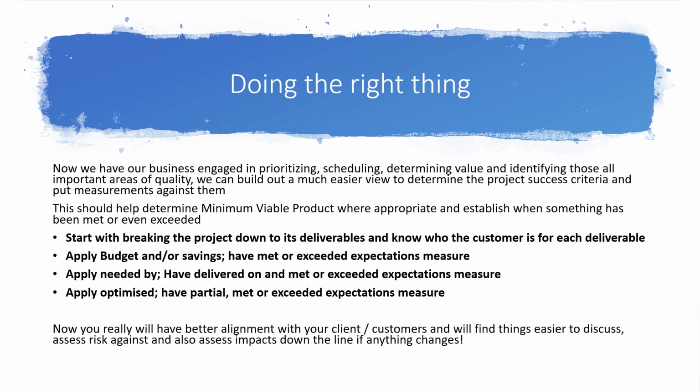In some projects, it may be appropriate for a minimum viable product to have partial optimization, because in the later phases you'll optimize that further, whether the optimization has been met or whether you've exceeded expectations. Now you have much better alignment with your client. Your customers will find things easier to discuss. You'll find risks are easier to assess, and also assess impacts later down the line if anything changes.